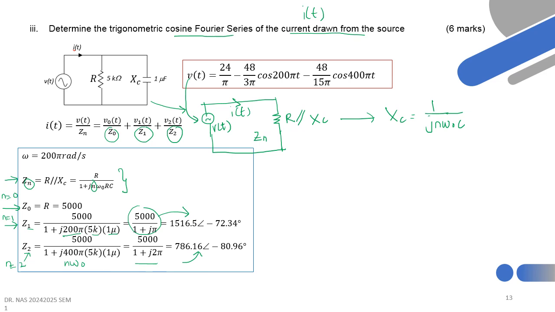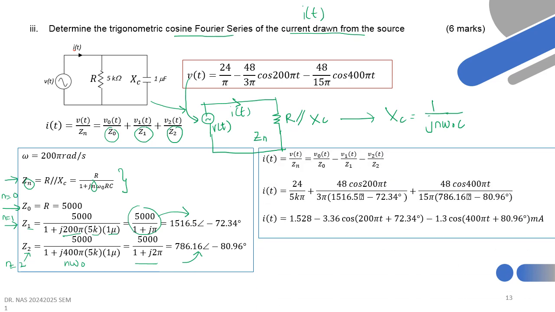Now you need to derive the final equation of IT. Okay, so IT is now VT divided by Zn. So this is your V0. This is your V1, and next is V2.